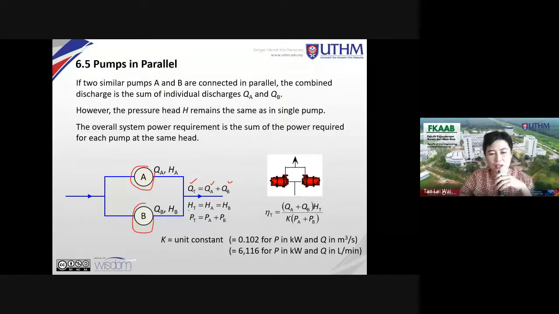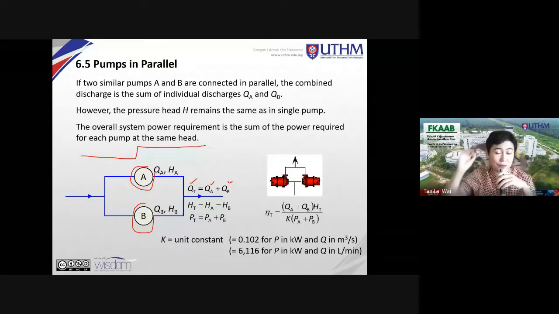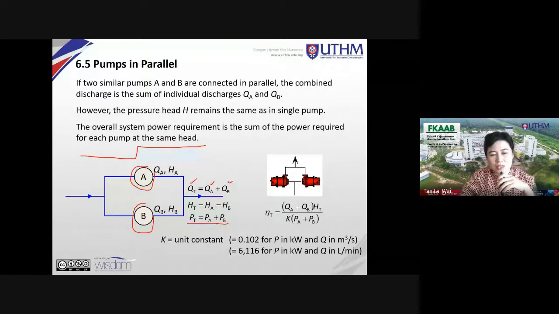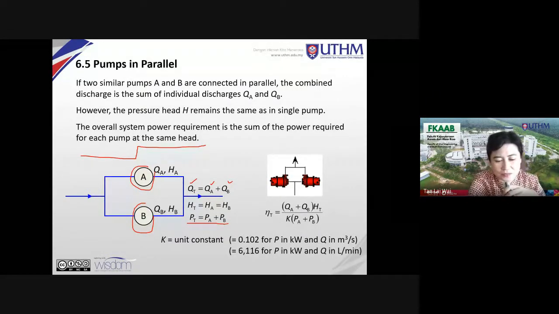We have looked at the head produced by both pumps. They are the same because throughout the system you only produce one head, unless it's in series, then the addition to the head is being produced twice, or more than that if more pumps are involved. Power will be the same. For either you arrange your pump in parallel or series, there will be the addition.